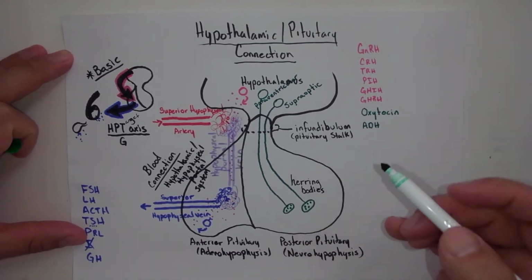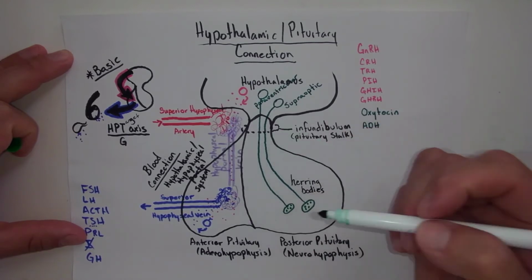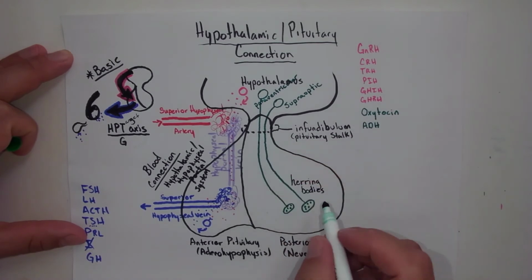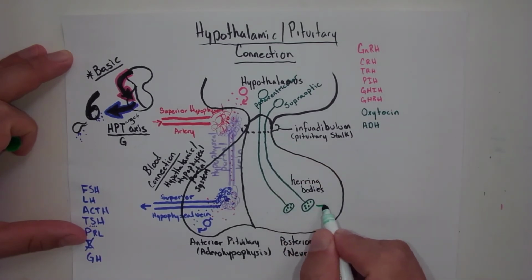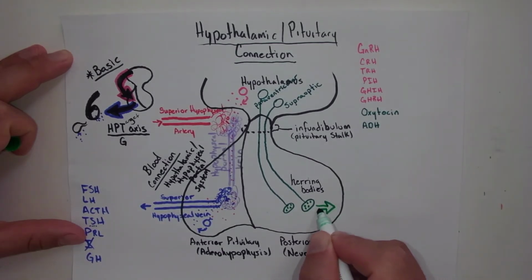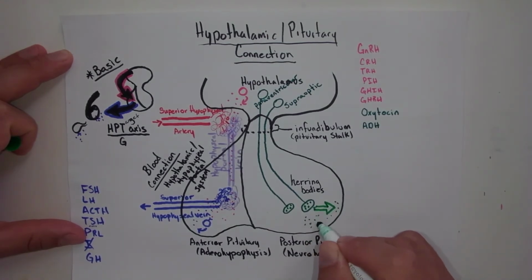And when these cells are stimulated, they'll send action potentials down the infundibulum to release these hormones. And when these hormones get released, they end up in the blood.